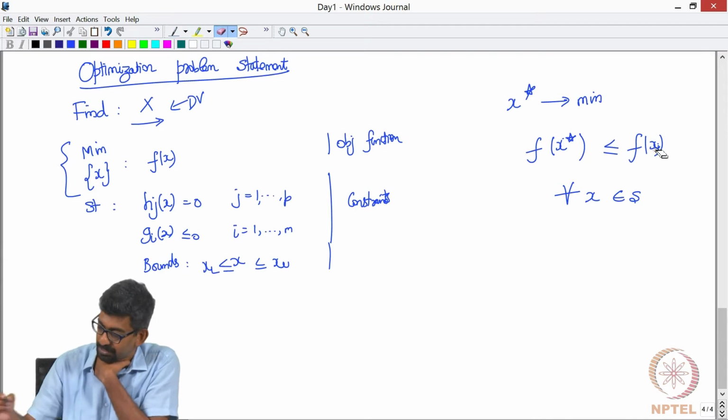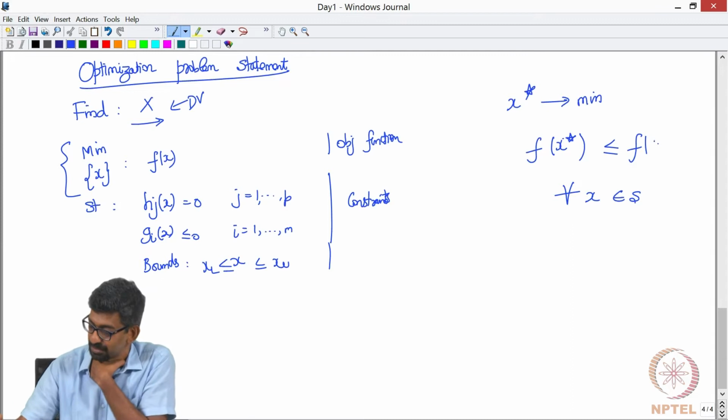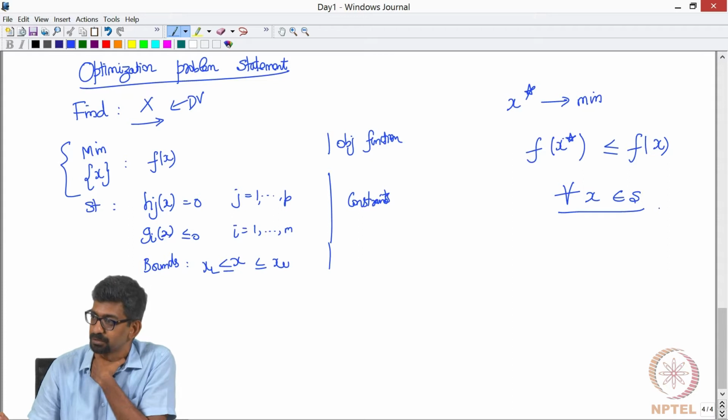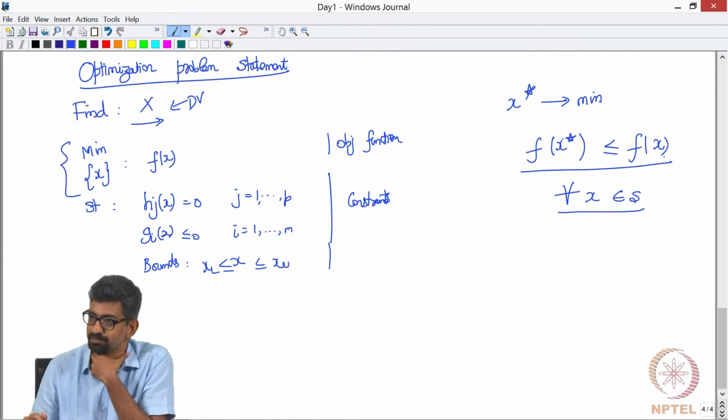I do not need to put an i; I am looking at it more from a sampling perspective. x star is a particular point, x is a collection of points. So, for all the x's belonging to the space that you are talking about, if this holds good, then x star is minimum, or f at x star is minimum.